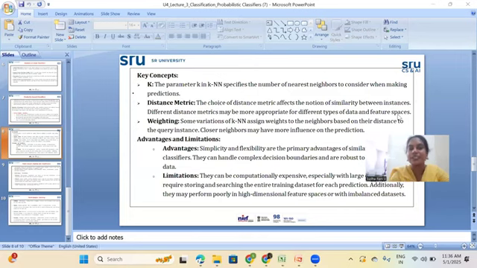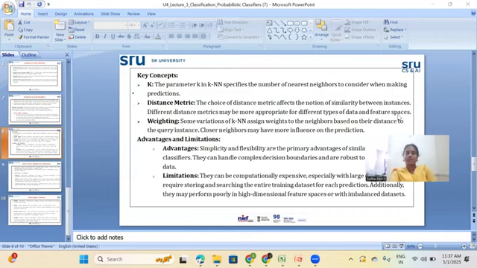Different distance metrics may be more appropriate for different types of data and feature spaces. Weighting: some variations of KNN assign weights to the neighbors based on their distance to the query instance. Closer neighbors may have more influence on the prediction.